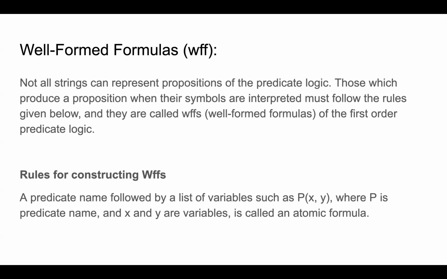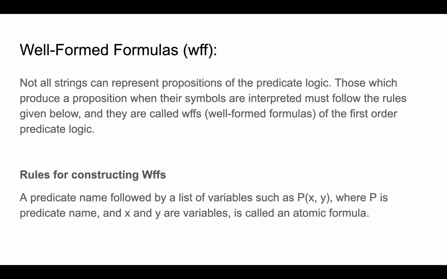A predicate name followed by a list of variables such as P(x, y), where P is a predicate name and x, y are variables, is called an atomic formula. Atomic formula, what is there as an atomic formula? It is written like P(x, y), where P is the predicate.